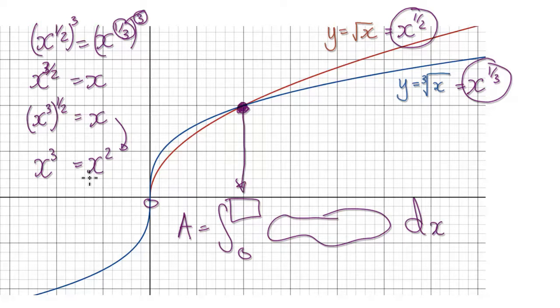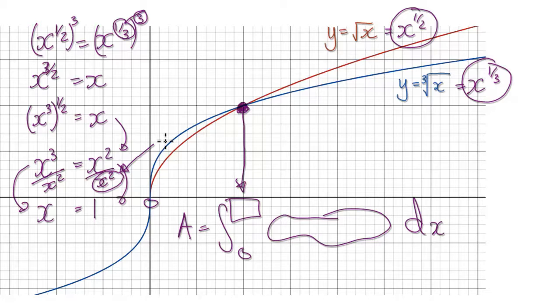Now, let's divide both sides by x squared. This is a very crude way of doing it, but you can do it like this. Just bear in mind that when you divide by x squared or x to the power of 3, something weird happens.